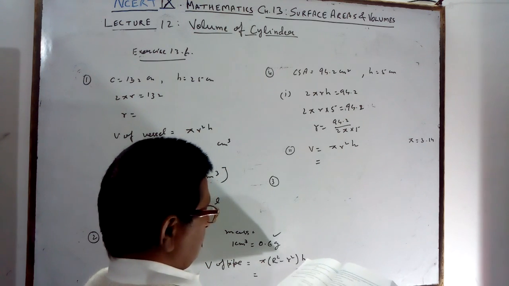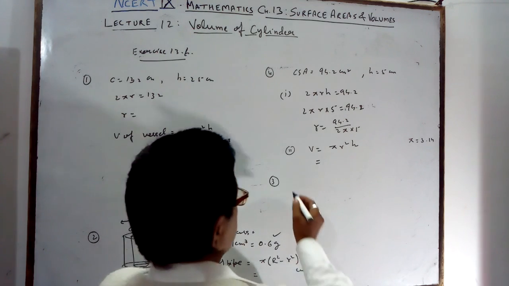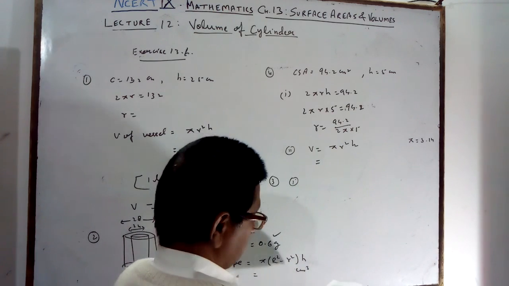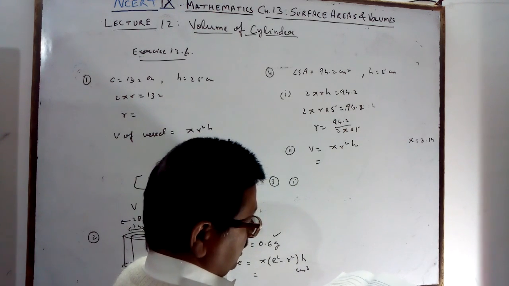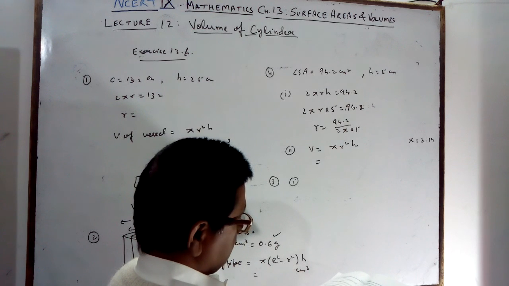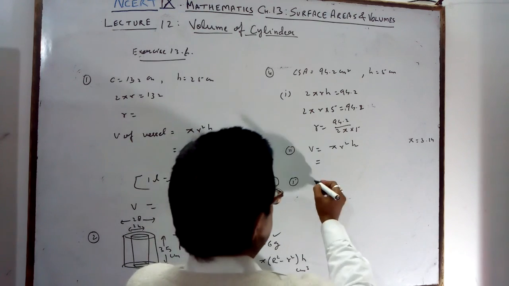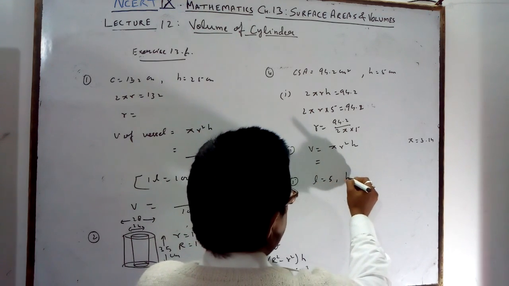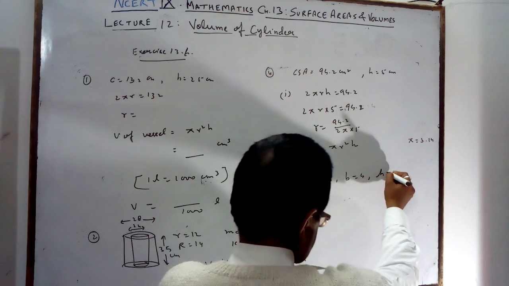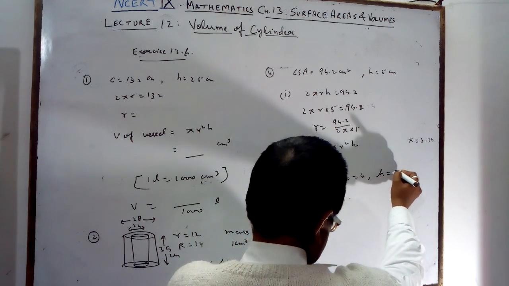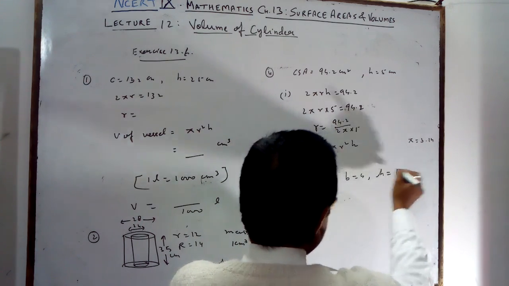A soft drink is available in 2 packs. Question number 3 also has 2 parts. A tin can of rectangular base of length 5 and width 4, having height 15.